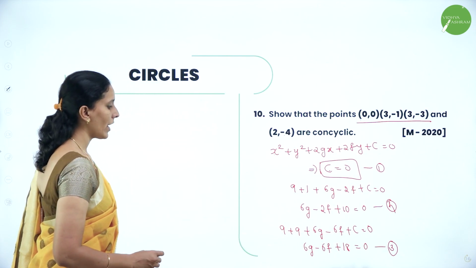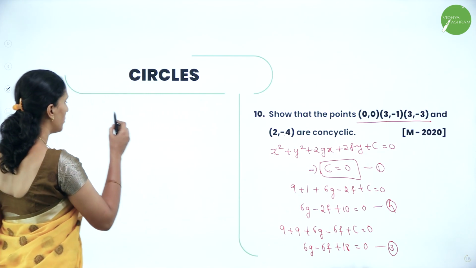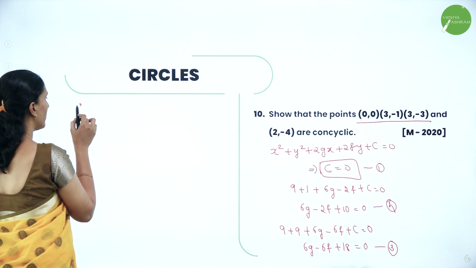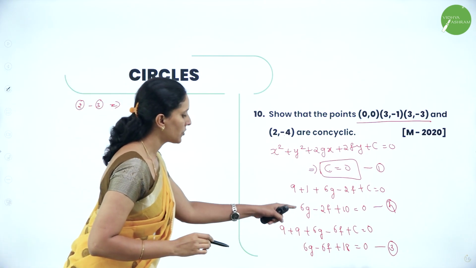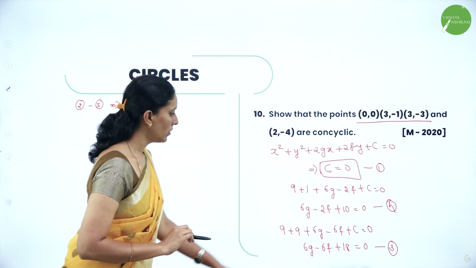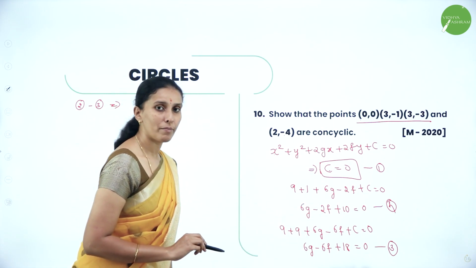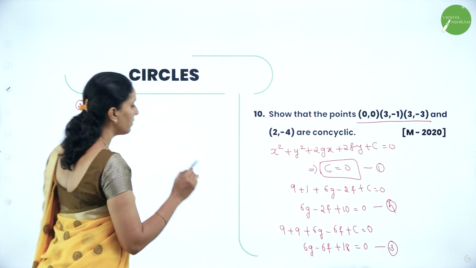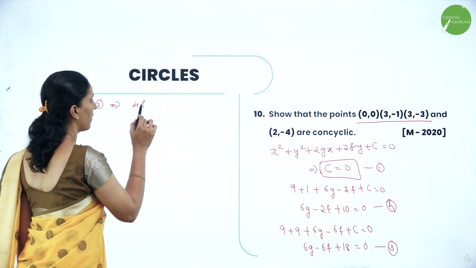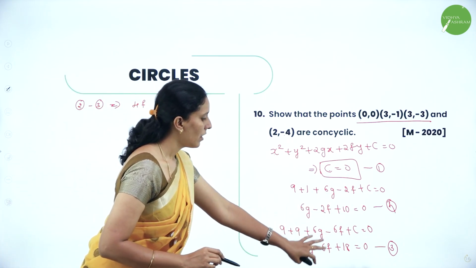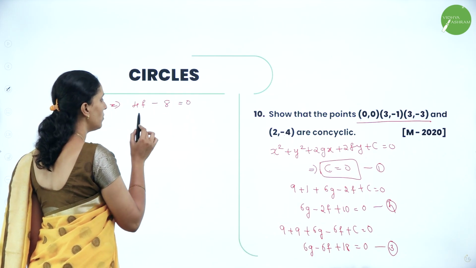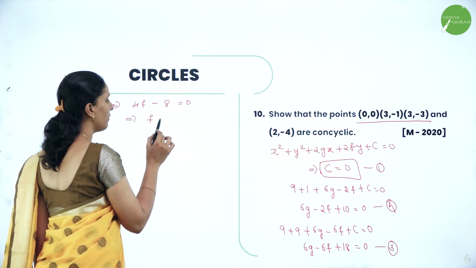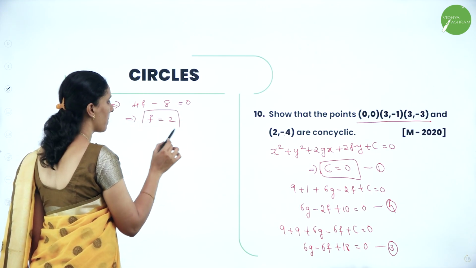Now let us subtract 3 and 2, or we can subtract 2 and 3. 2 minus 3 will give you 6g minus 6g is 0, minus 2f, minus of minus 6f means plus 6f, which we will get as 4f. Next we have 10 minus 18, so we will get minus 8 is equal to 0. So from this we will get f is equal to 2 clearly.